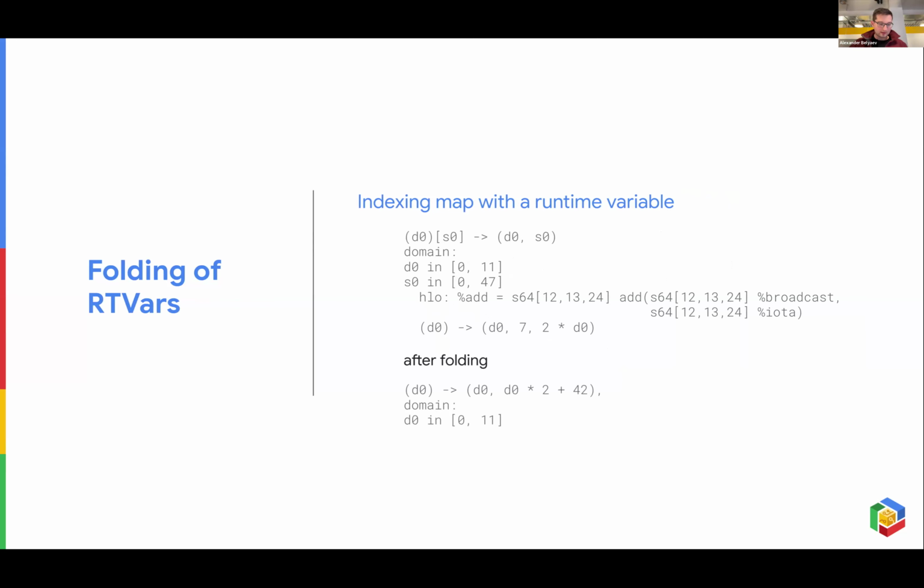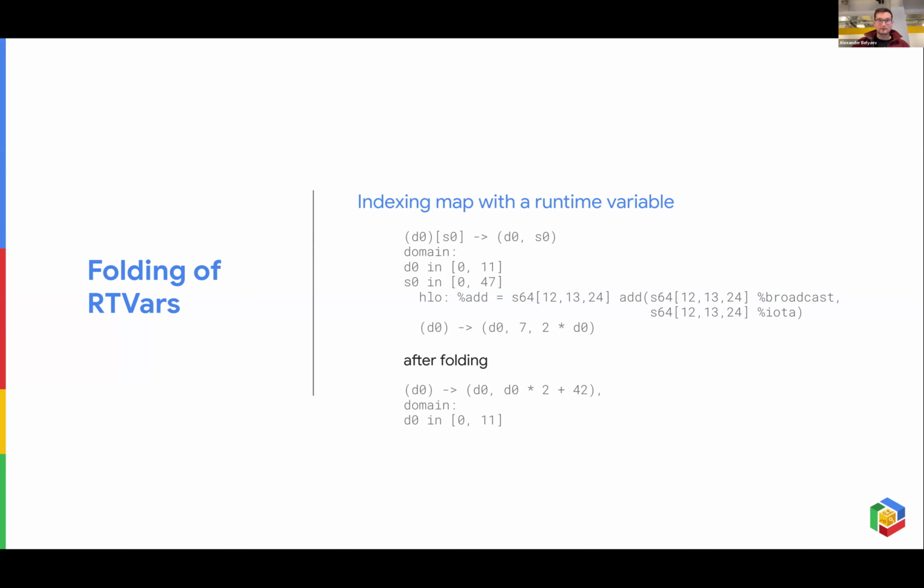But here we also use indexing maps before we are even in MLIR, when we are just in C++ in HLO. For example, during priority fusion, when we compute the cost model, we can compute coalescing. And to do that, we can sometimes simplify and fold some of the runtime variables.